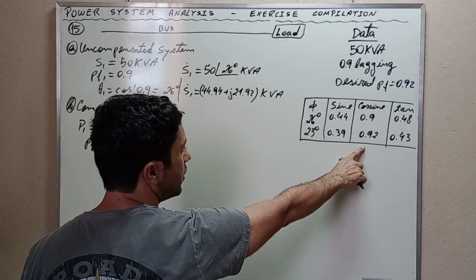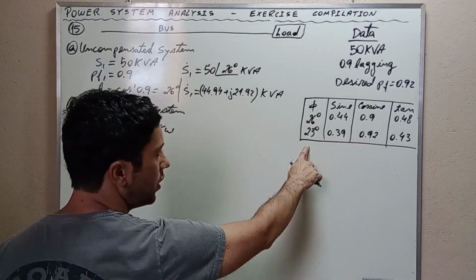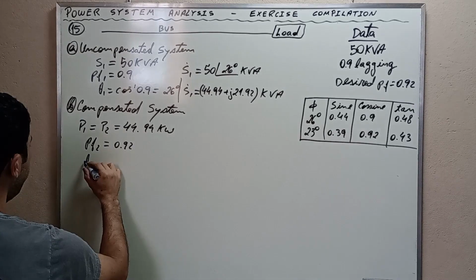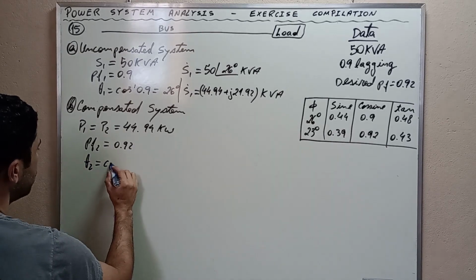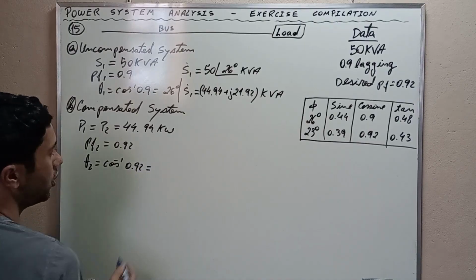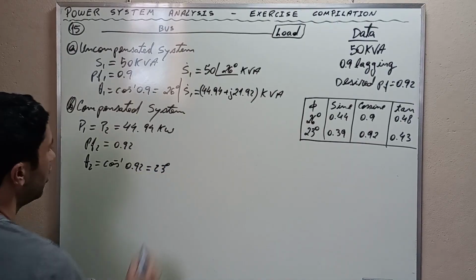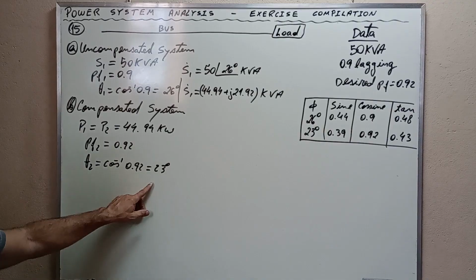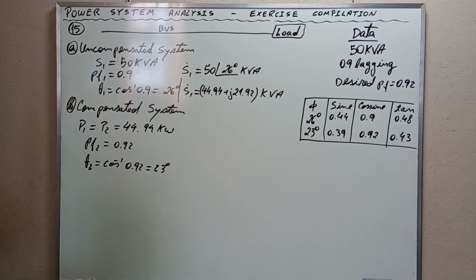The inverse cosine of 0.92 is 23 degrees. Then phi 2 is equal to the inverse cosine of 0.92, which is equal to 23 degrees. Okay, with the angle, no. We still have to do something here.